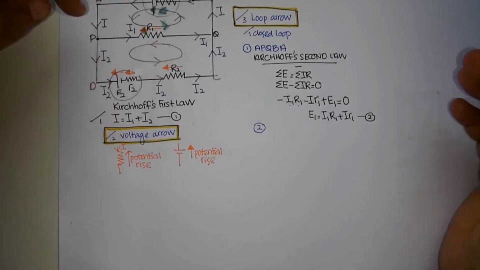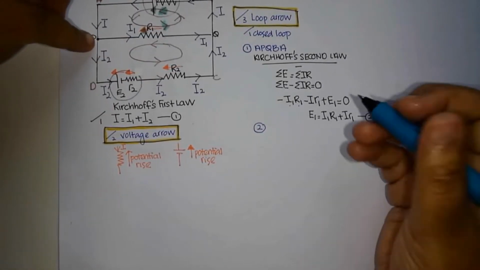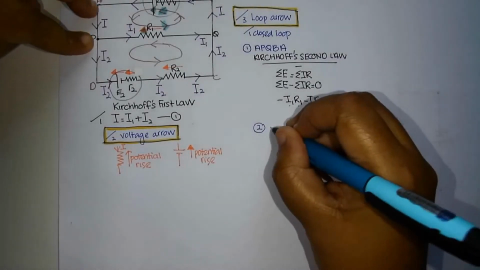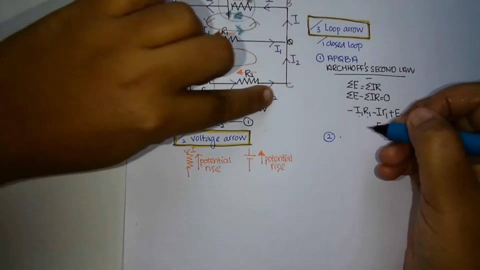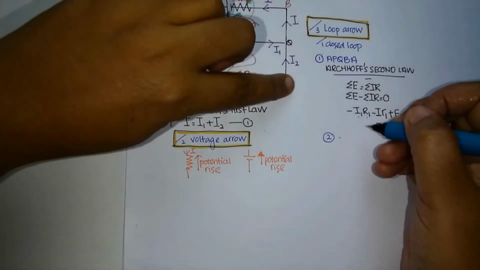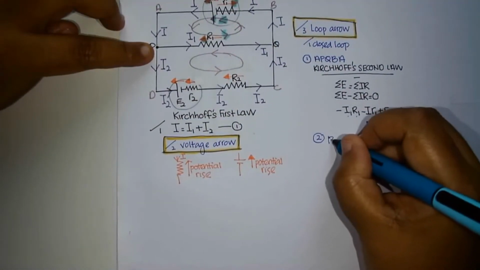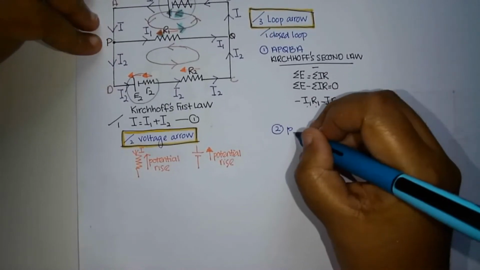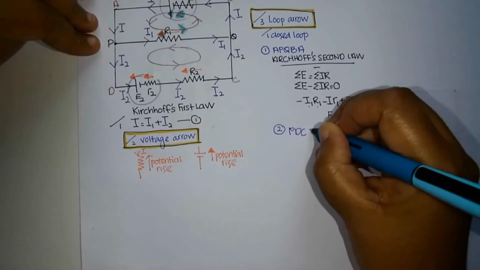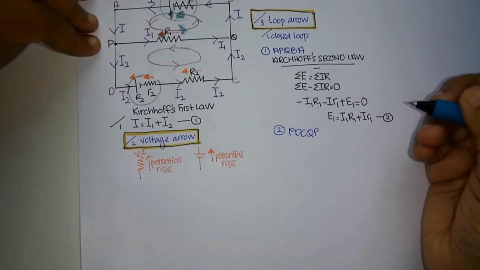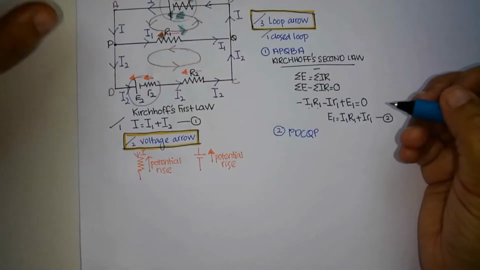It's still anti-clockwise. So I start from here: P, D, C, Q, P. I must go back to P because it's a closed loop.